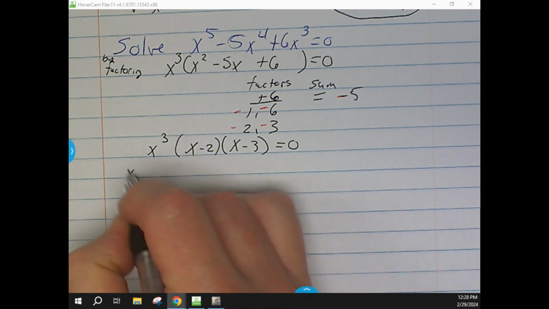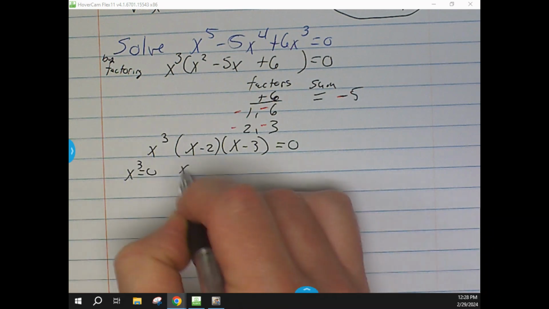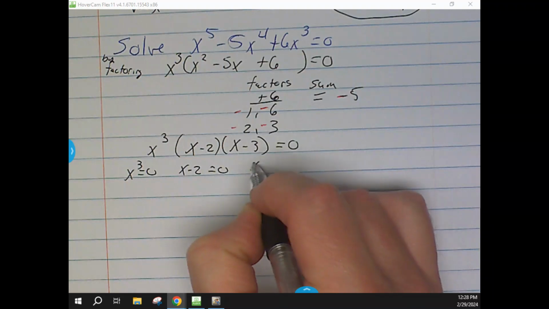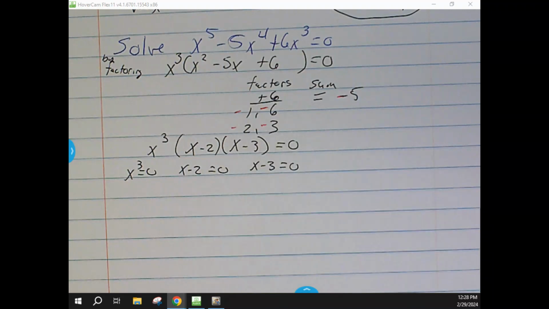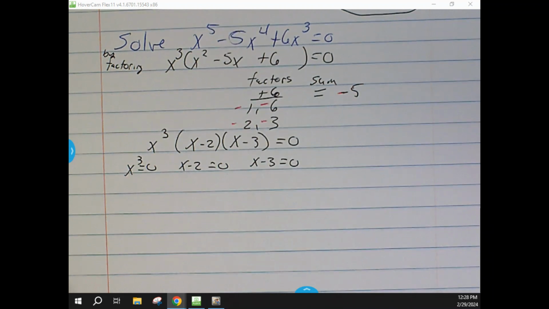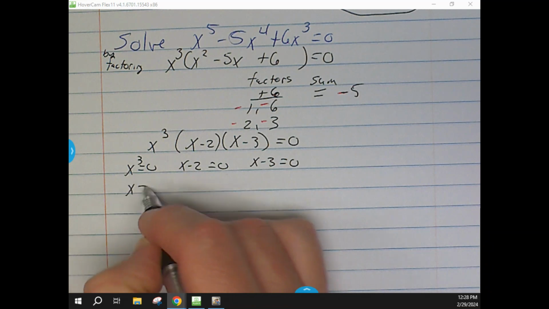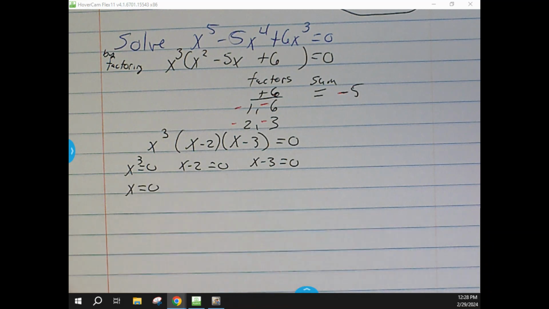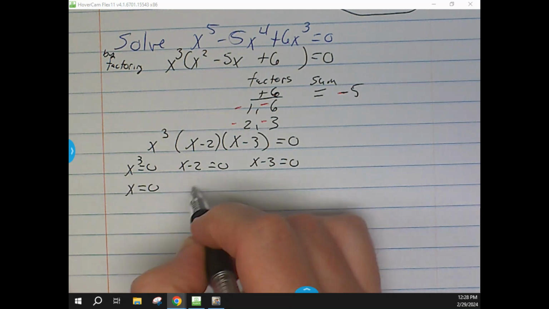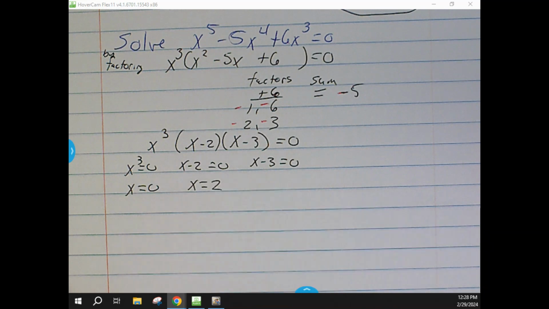Okay, so we set each piece equal to 0. So x to the 3rd equals 0 is still just x equals 0. For this one, we'd add 2 to both sides, so it'd be x equals 2.